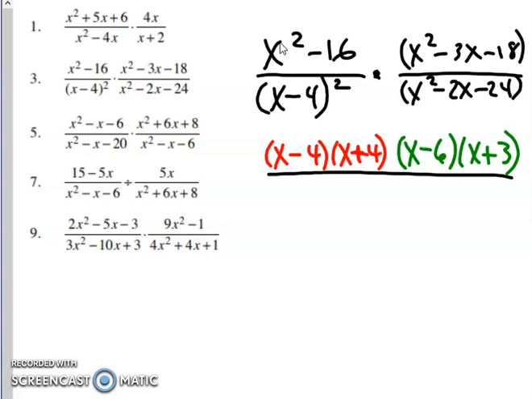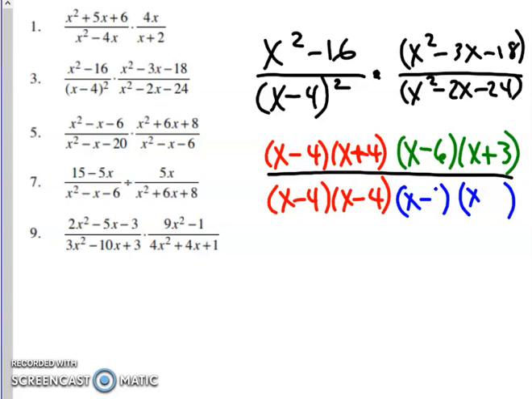In the denominator, the x minus 4 squared, which would be 2 x minus 4s. And then for the last one, x squared minus 2x minus 24, the 2 factors would be 6 and 4. 6 is negative and 4 is positive.